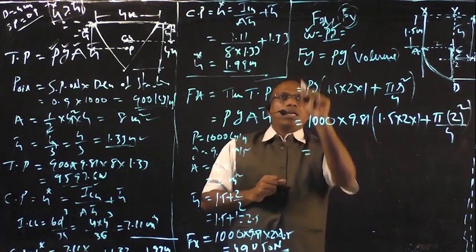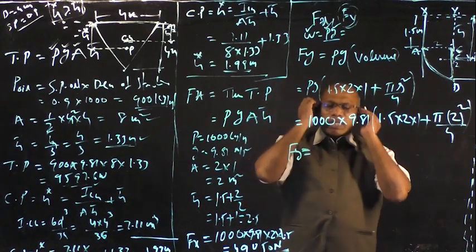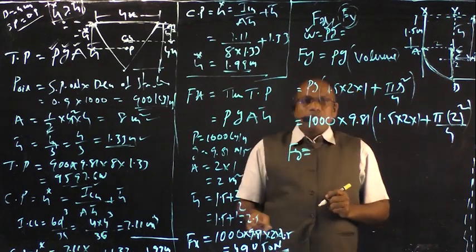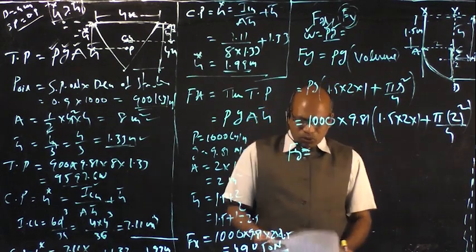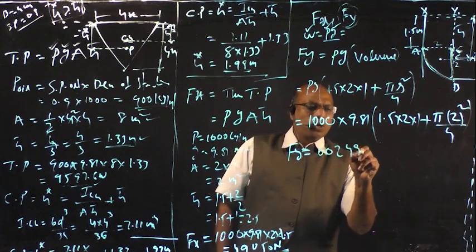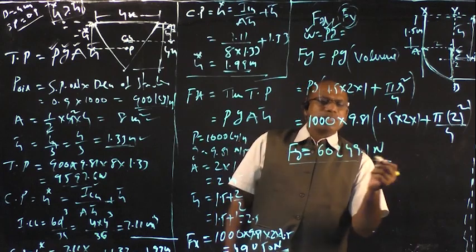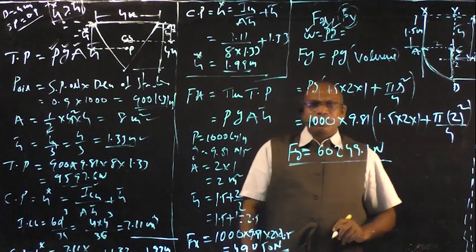Therefore, the vertical force Fy acting on the curved surface AB is equal to 60249.1 newtons. This is the vertical force. This is the horizontal force.